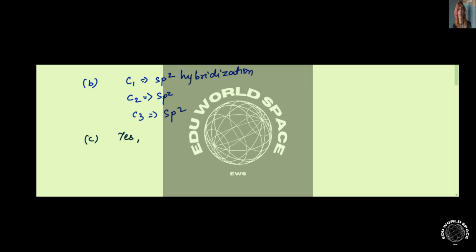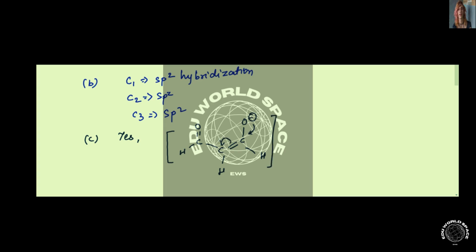Resonance structure is possible in this way. C double bond O, this is H, this is C, and this is O minus, and this electron transfers here, and this is taken by this.